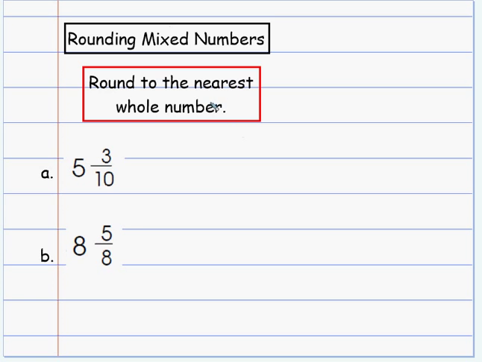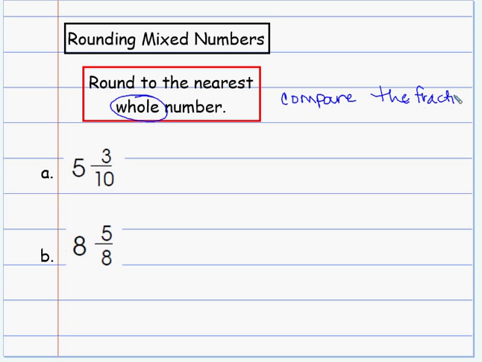Rounding mixed numbers, you have to round those to the nearest whole number. Okay, make sure that you understand that rounding mixed numbers round to the nearest whole number. And how do you do this? Well, you have to compare the fraction to half.